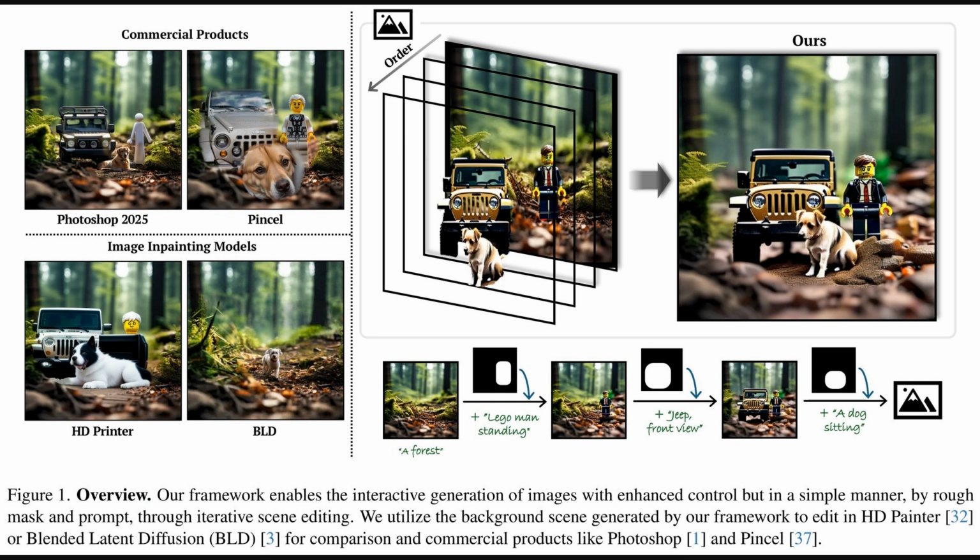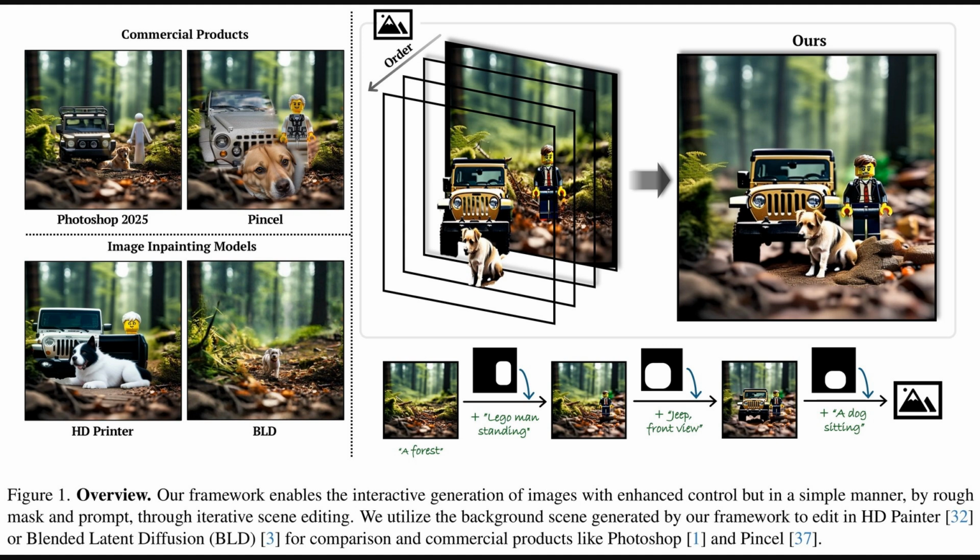Alright, so this first figure really sets the stage. On the left, you see examples from existing tools, like Photoshop and other image inpainting models. When they attempt sequential edits, the results can often look a bit disjointed. Then, on the right, we see the author's method in action.